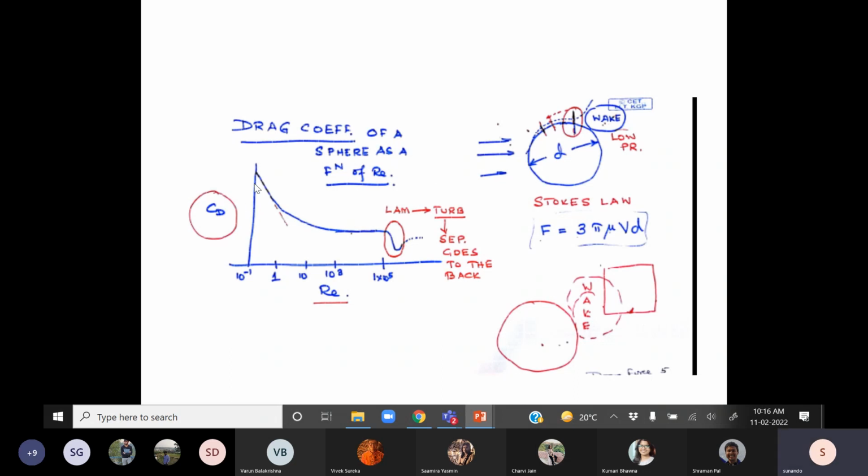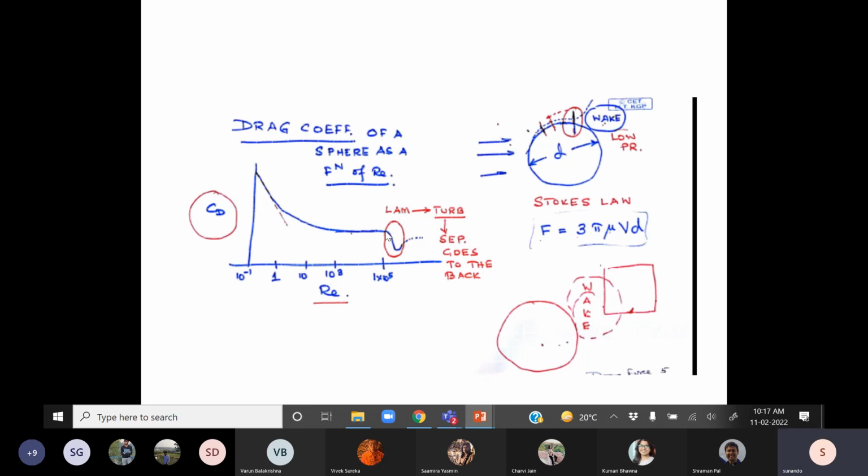What you see is that initially it's going to fall slowly, and this linear part is the Stokes region, and thereafter when it hits the turbulent flow, then the CD decreases suddenly. So this sudden decrease of CD at the onset of turbulence will have some very interesting implications in a practical situation that I will describe more through a problem.